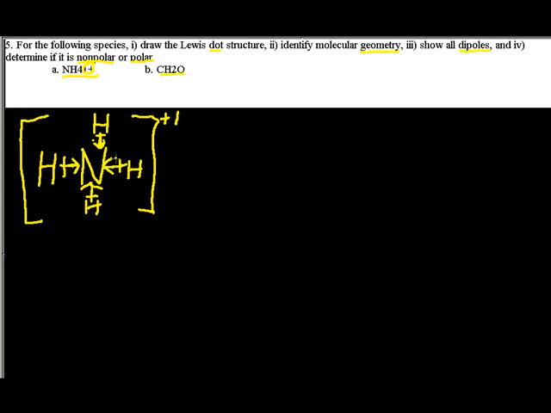Now, if you take a look at your geometry chart, you would recognize this as a tetrahedral, and the system is polar. It's polar because you have the uneven balancing of the electrons because the nitrogen is pulling it towards itself more.